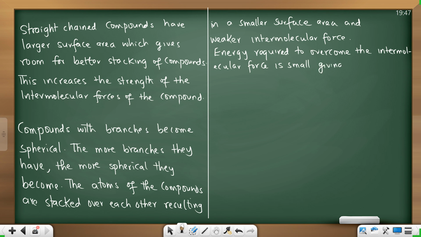Giving birth to what? What are we giving birth to? Low boiling point, but high vapor pressure. So it's all about the shape here. Let's write as quickly as possible.